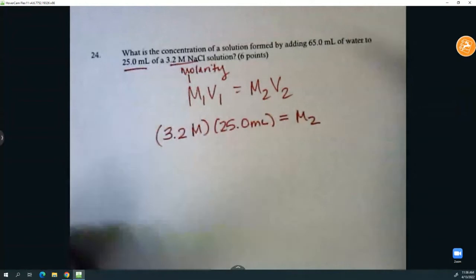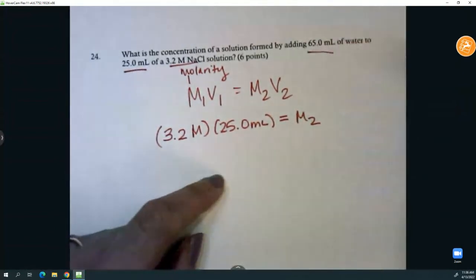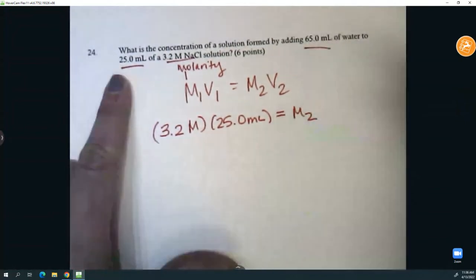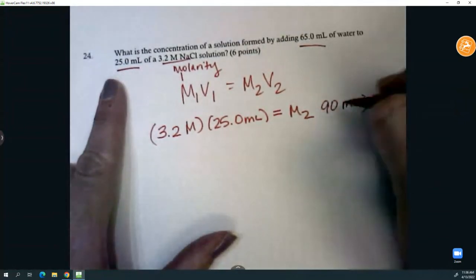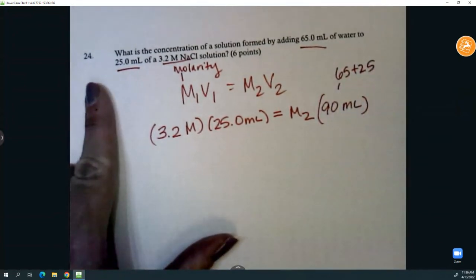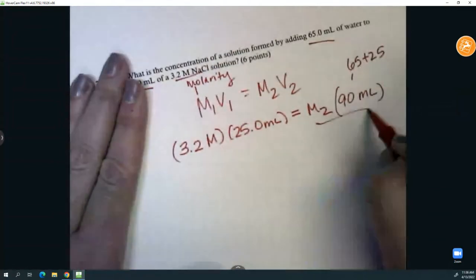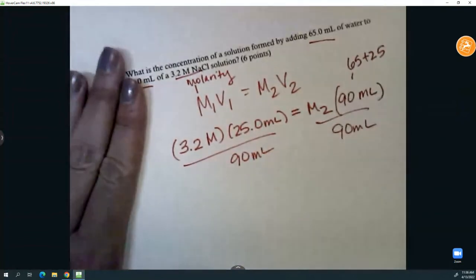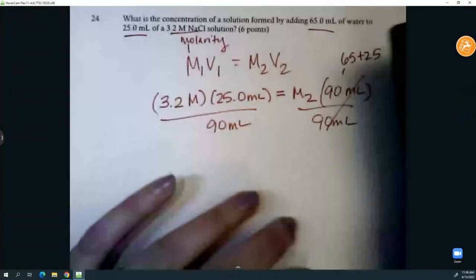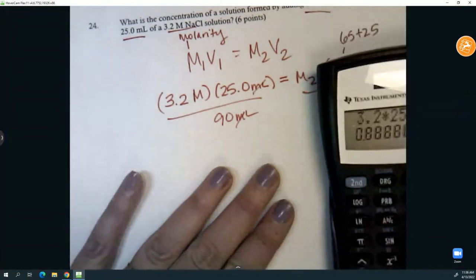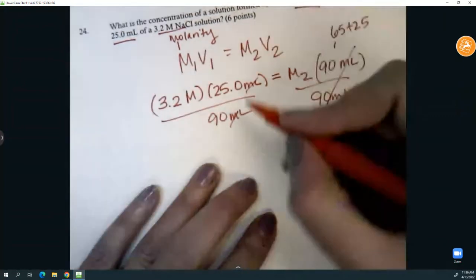My final volume, though, I have to read this question carefully. It could say to a final volume of 65, but that's not what it says. It says adding 65, so my final volume would be 90. Right, adding it together. And then I just solve. It's fine that I put it in milliliters, even though molarity is liters. That doesn't matter here because the milliliters are going to cancel. 0.89, what do I want? 2 sig figs, so 0.89.